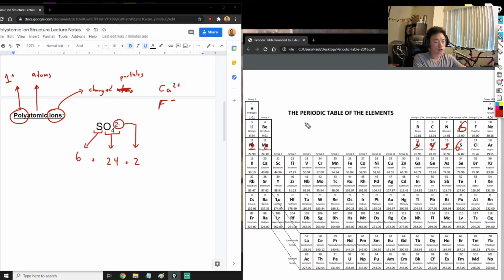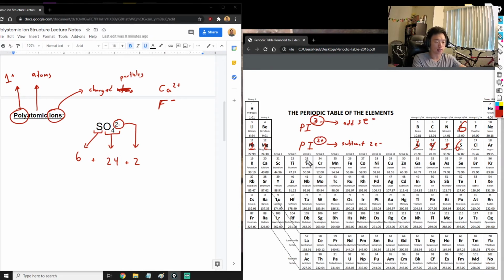So if you see a polyatomic ion, let me just write PI, polyatomic ion, with a 3- charge, you're going to add 3 electrons to your valence electron total. But if you had a polyatomic ion with a 2+ charge, you're going to subtract 2 electrons. The charges are very easy to work with. We've done these before.